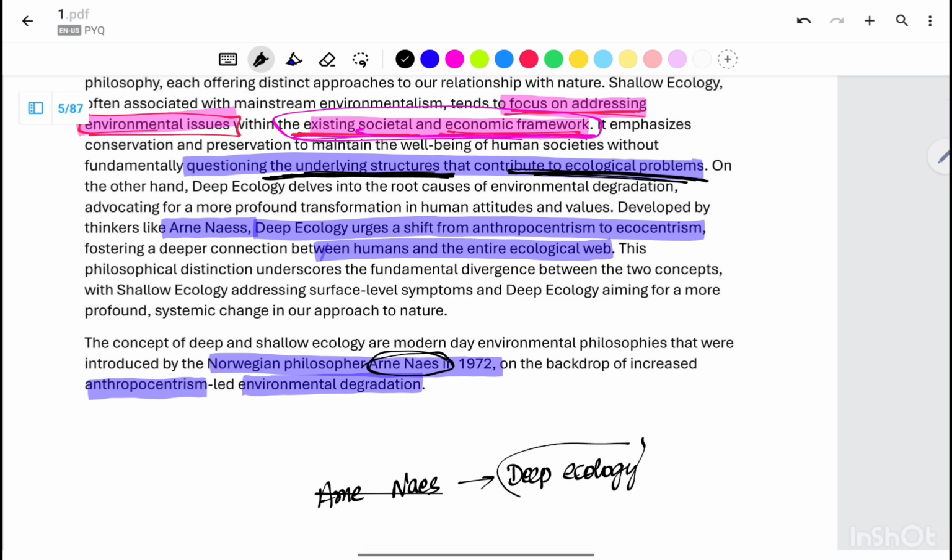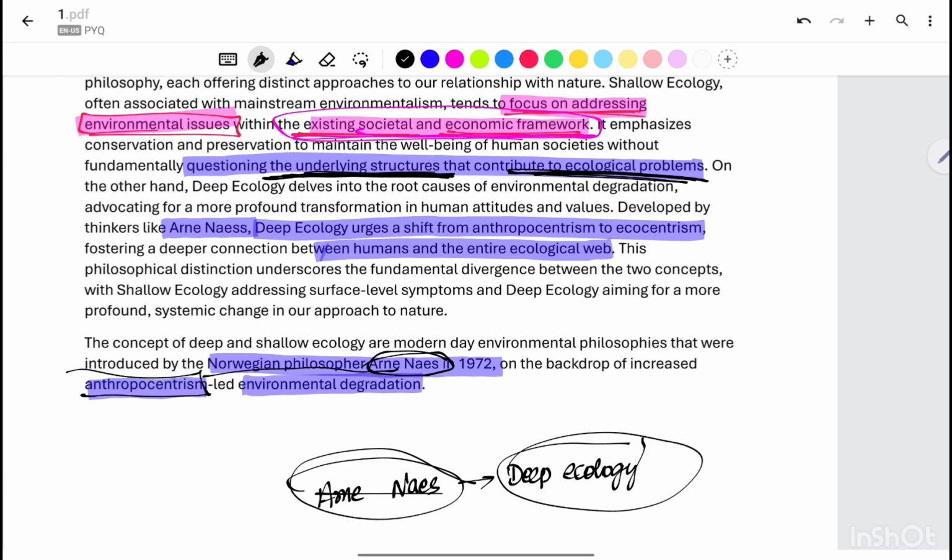The term deep ecology was coined by Arne Næss, a Norwegian philosopher, who held that anthropocentrism led to environmental degradation. It is a shift from anthropocentrism to ecocentrism, the human as well as the entire ecological web.